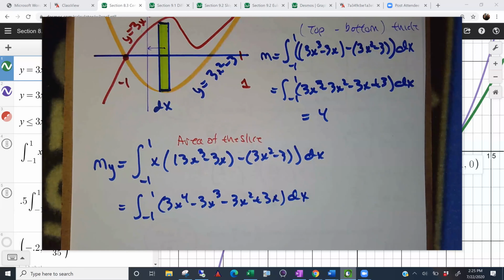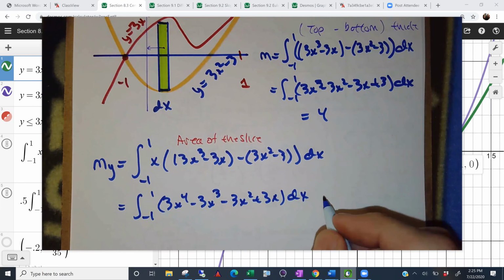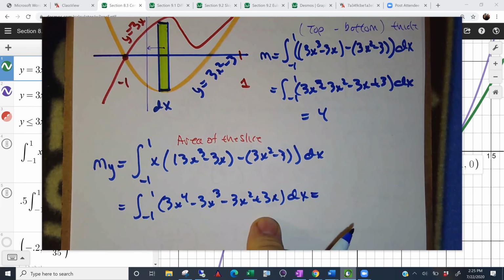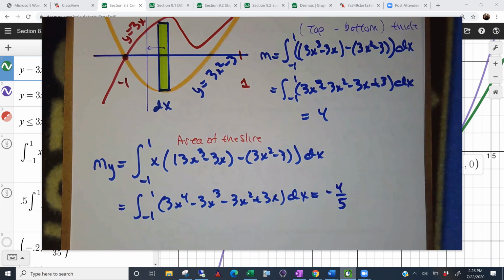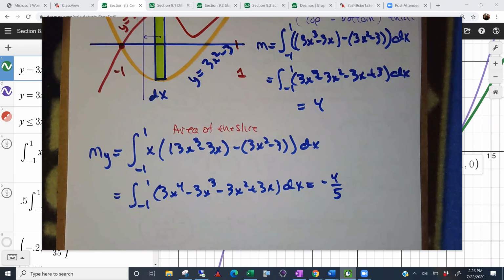By now you might recognize the fact that I have very little interest in doing out all this stuff by hand. So let's just put in a negative 4/5.